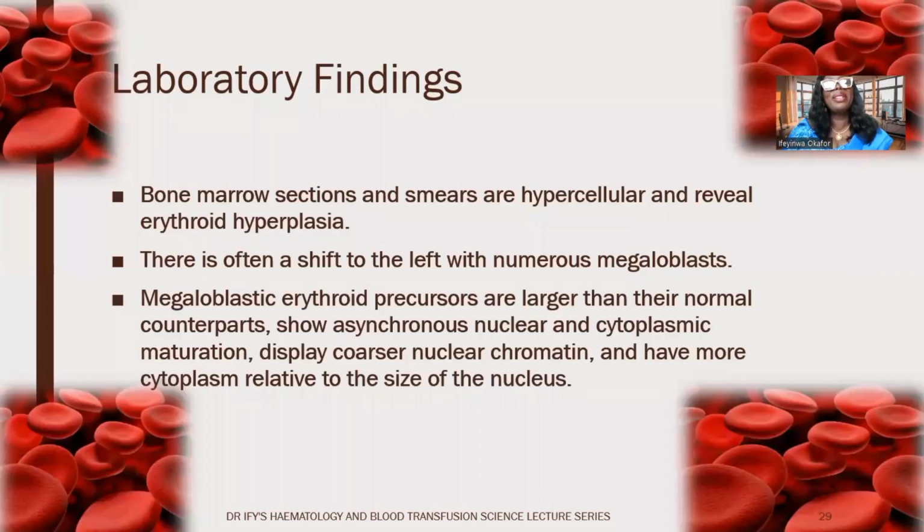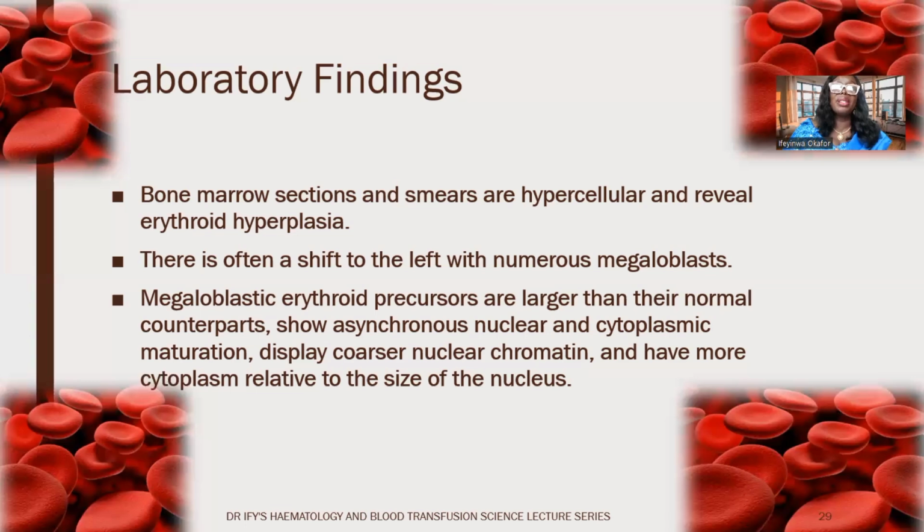Bone marrow sections and smears are shown to be hypercellular, and they reveal erythroid hyperplasia. There is often a shift to the left with numerous megaloblasts in the bone marrow. This is the hallmark of megaloblastic anemia: the presence of numerous megaloblasts in the bone marrow.